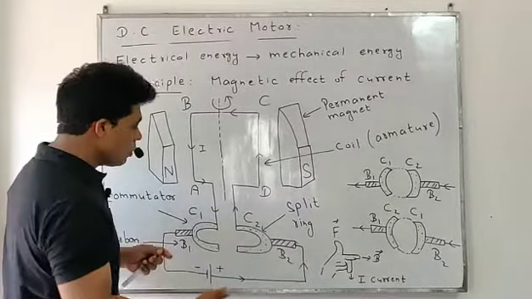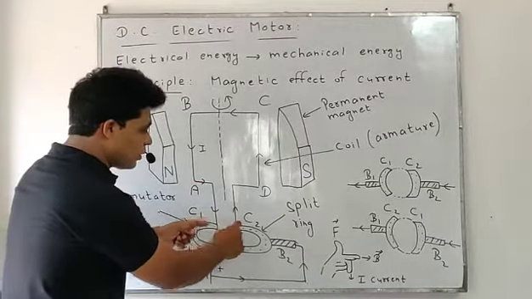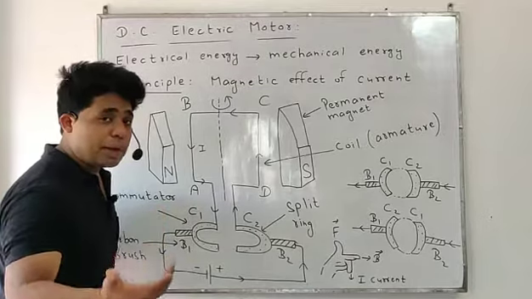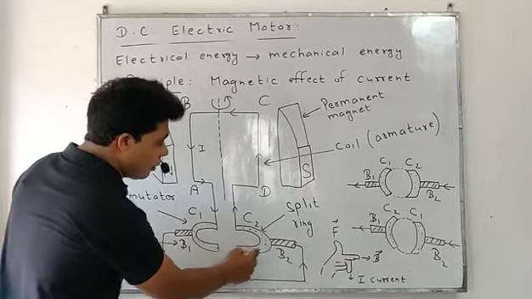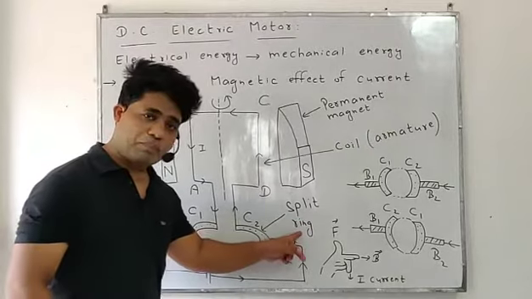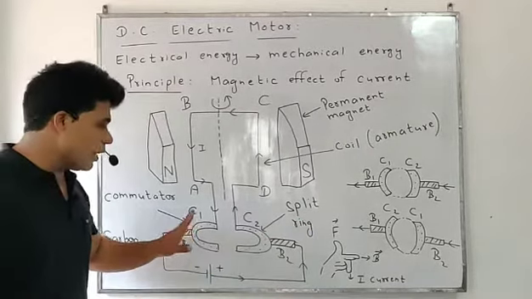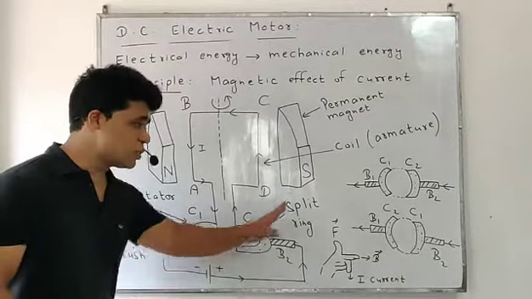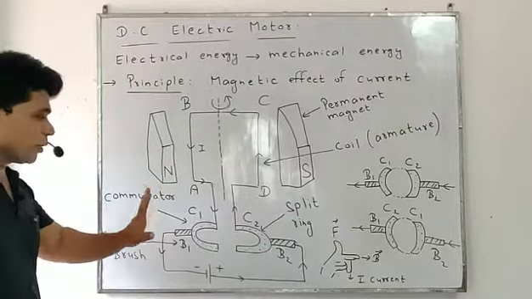Further, this coil is connected with two metallic ring plates C1 and C2. It is said to be a split ring, and combinedly the C1 C2 split ring is said to be the commutator.